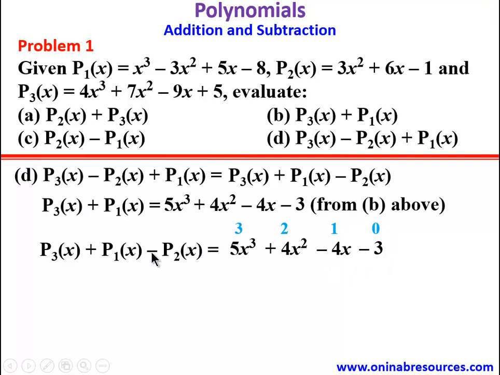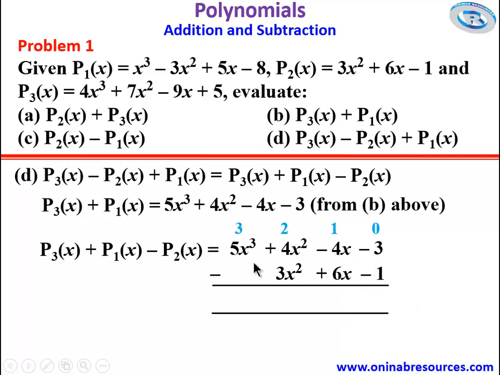So we go ahead, then we say minus P2 of x. P2 of x is 3x squared plus 6x minus 1. So that the 3x squared comes under the 4x squared, and plus 6x comes under minus 4x, and the minus 1 comes under minus 3.